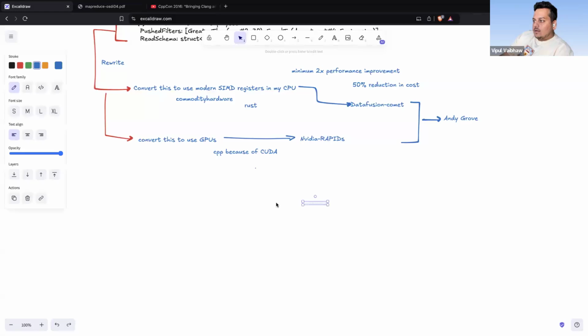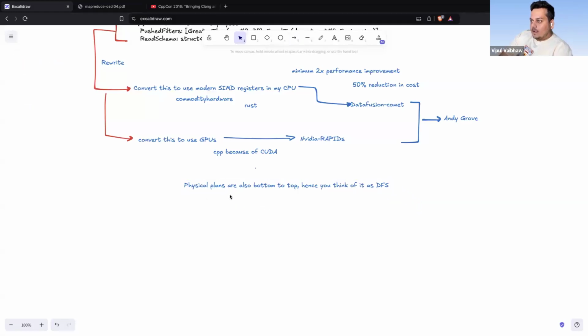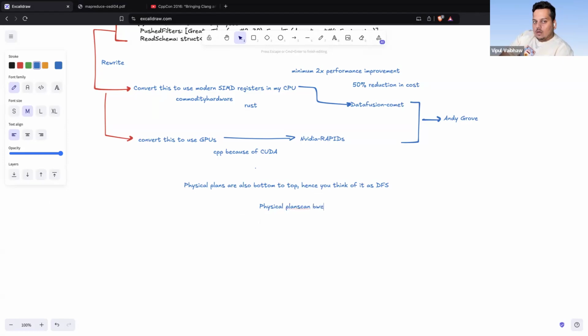It means that physical plans can be represented as an AST.